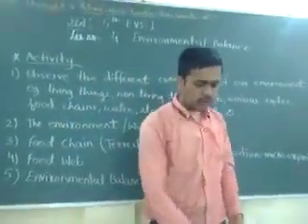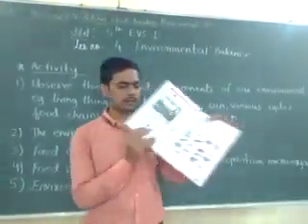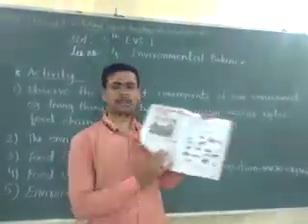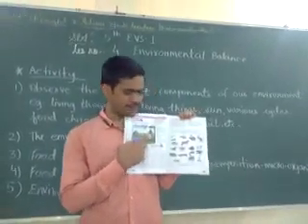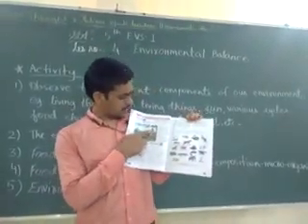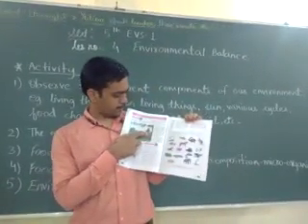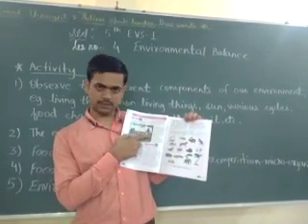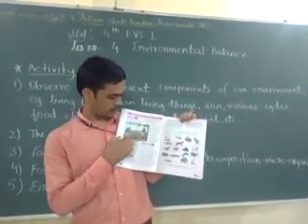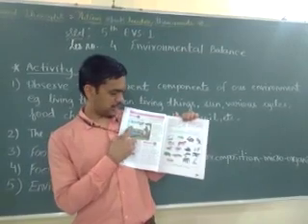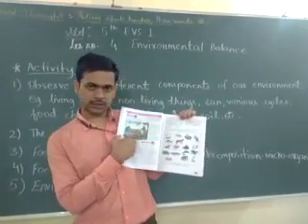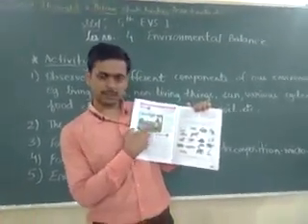Now come to your textbook, page number 18. In this you will see a girl, a man and a boy with a pet. They are looking, they are observing some of the things which we can see in our nearby places.